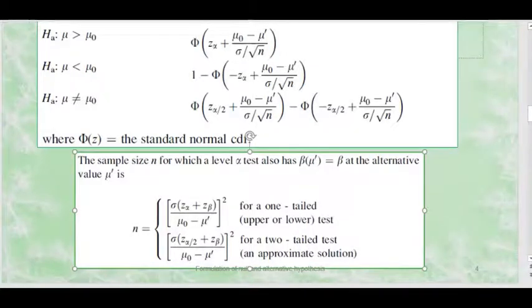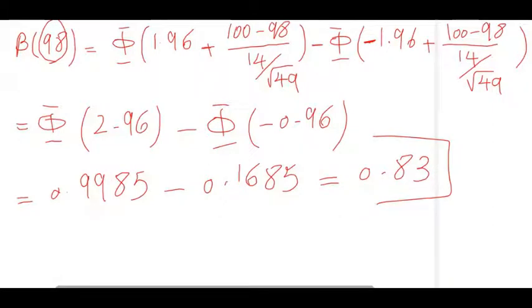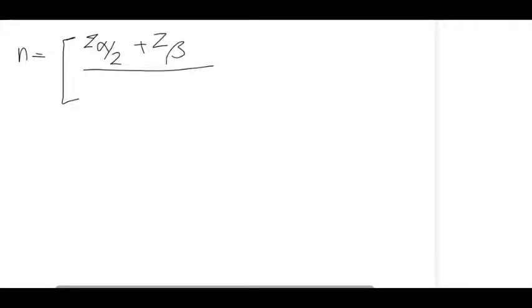So n is equal to Z alpha divided by 2 plus Z beta, divided by mu 0 minus mu prime, and here we have sigma, to the power 2.